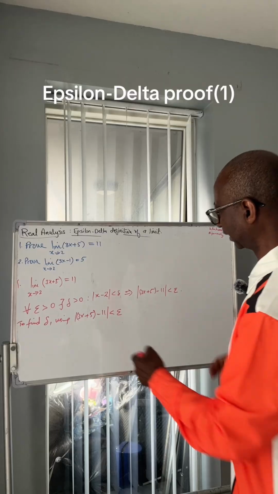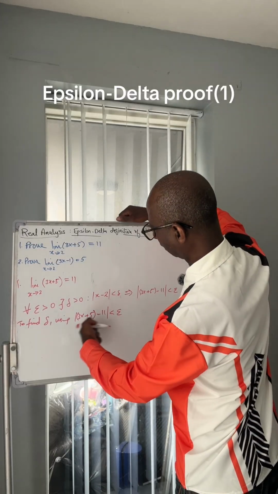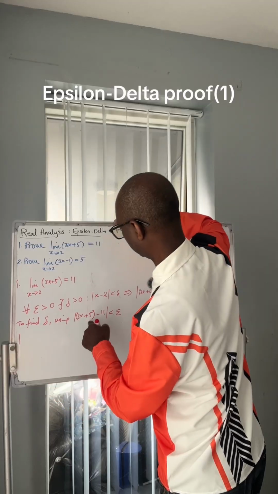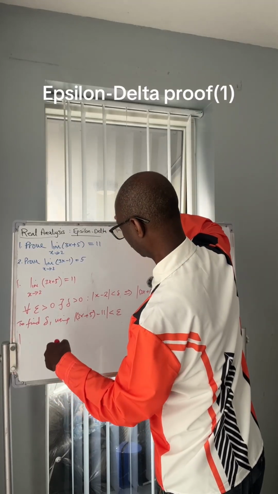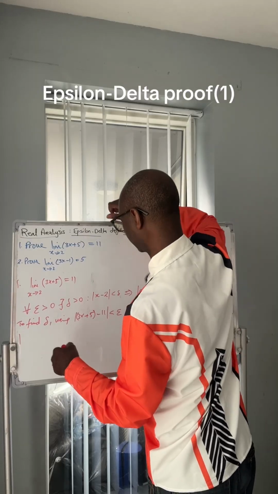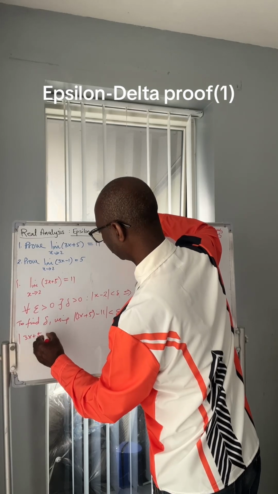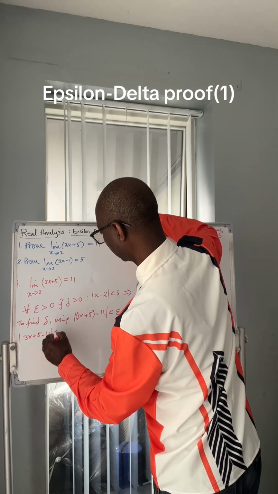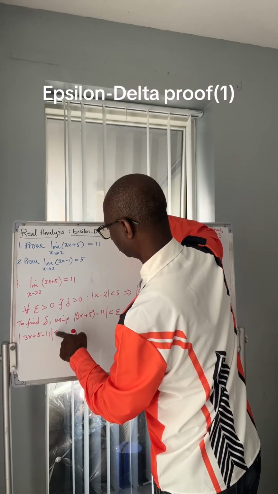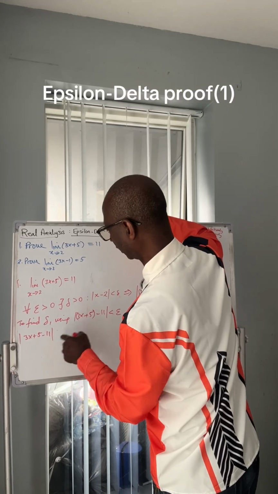So what is this? Let's break down what we have inside this absolute value. So we'll have 3x plus 5 minus 11 less than, let's find a value here.